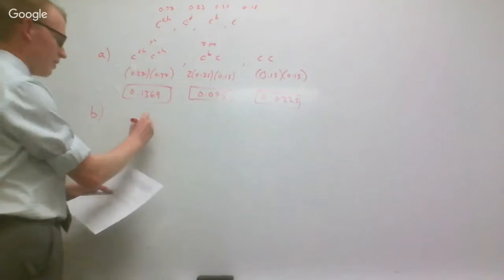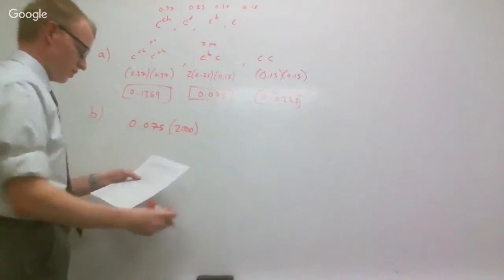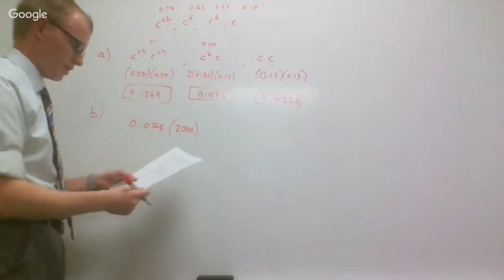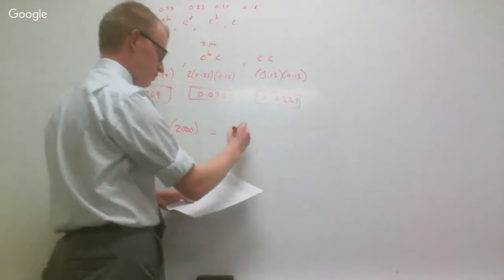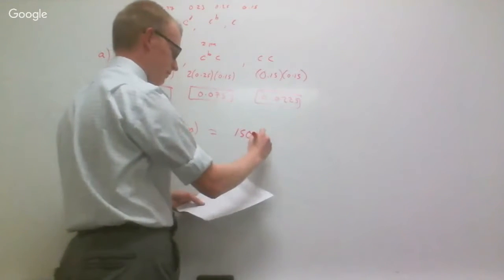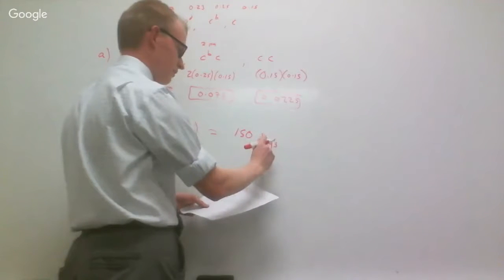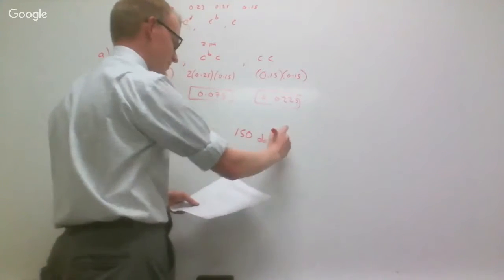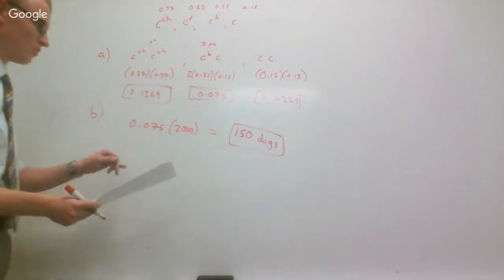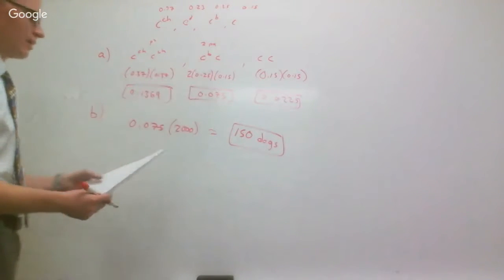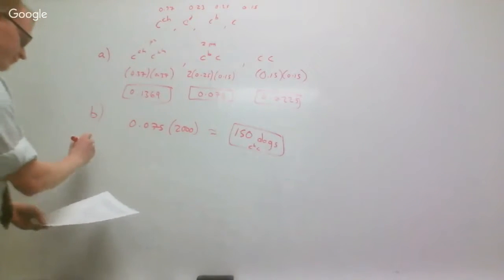So we'll take that frequency times our 2,000 dogs in the population. And how many would you expect? Well, doing a little bit of math, that says we expect 150 dogs. 150 are expected to be heterozygous with this particular genotype. So we'll write that CBC there.